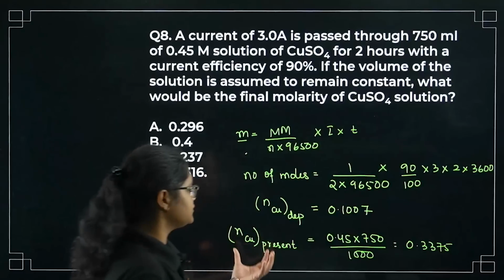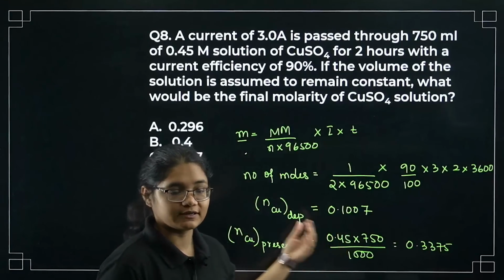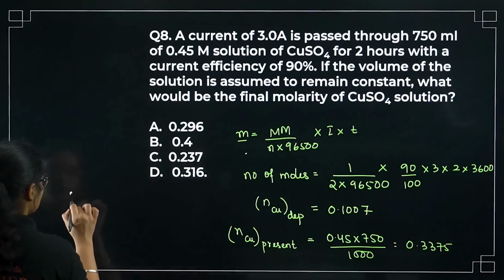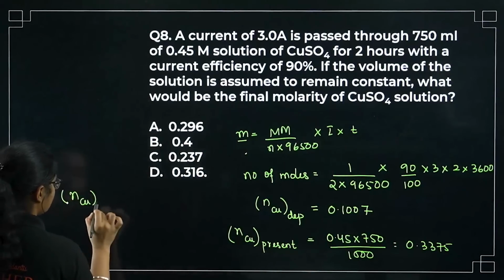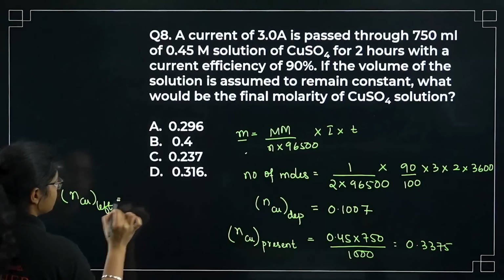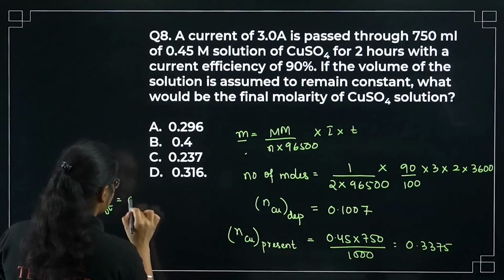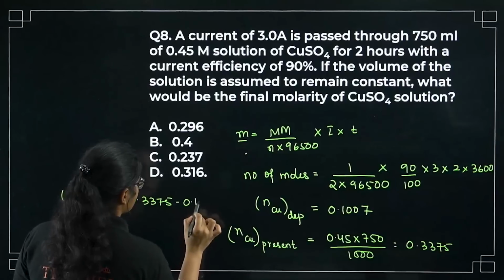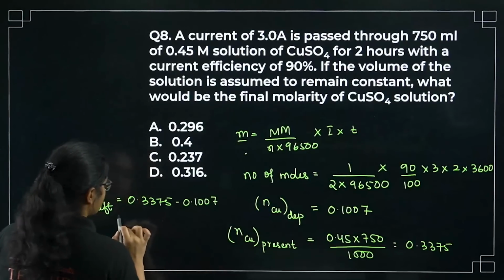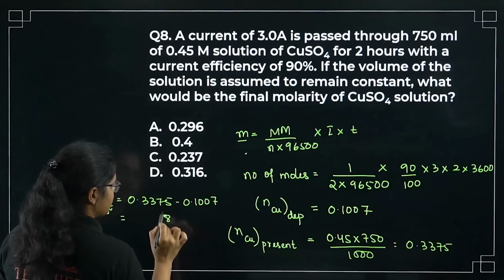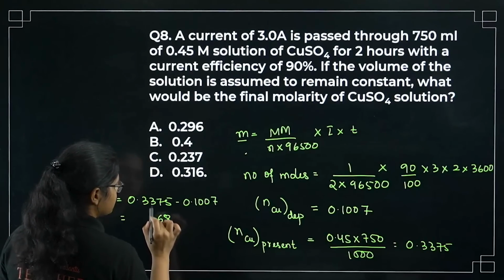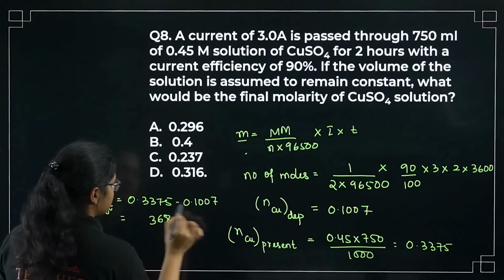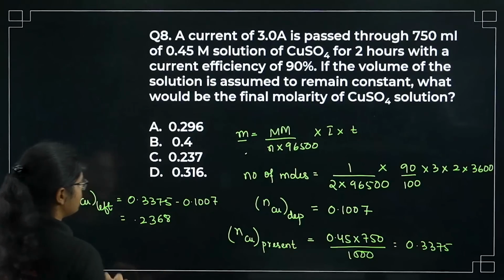Now this was initially present and this much got deposited. So how many moles of copper are left? Number of moles of copper left will be 0.3375 minus 0.1007. So I can say 15 minus 7 is 8, 6 minus 0 is 6, 3 minus 0 is 3, 3 minus 1 is 2, 0.2368.